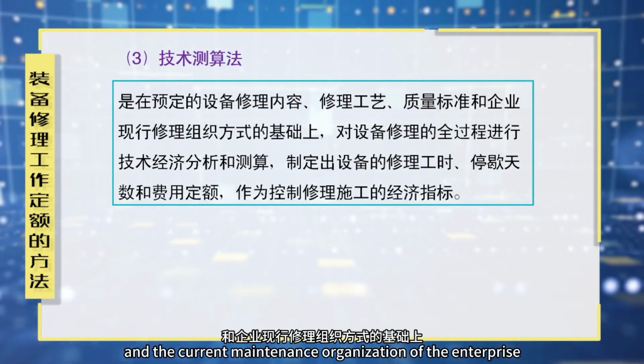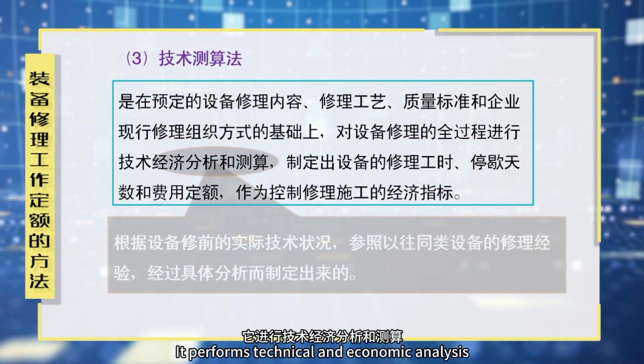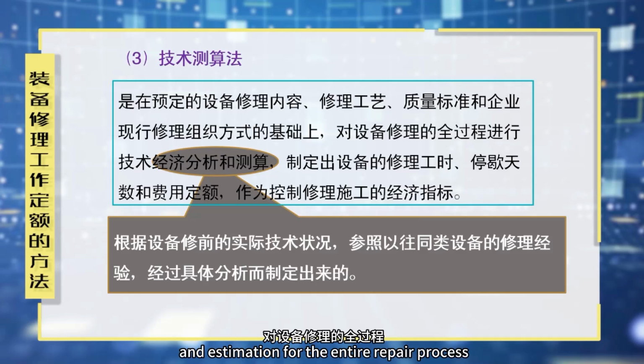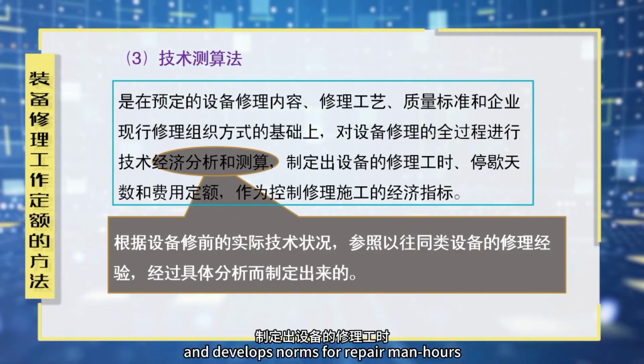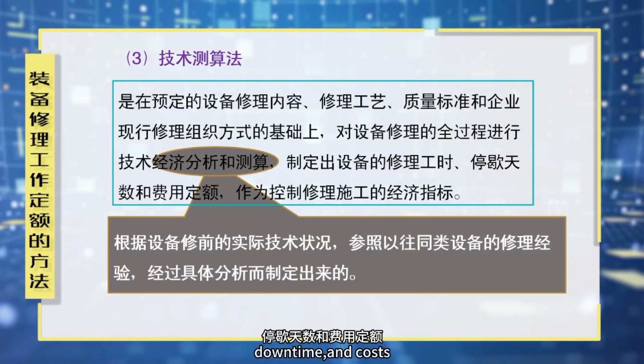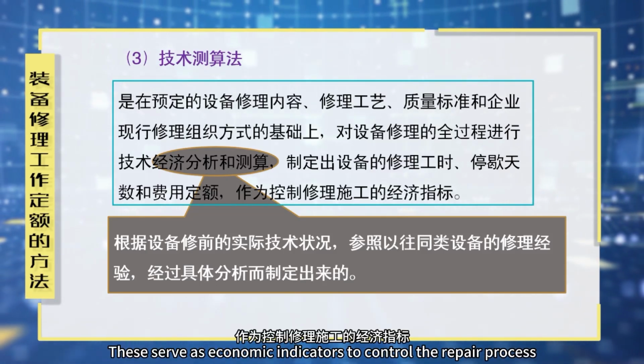current maintenance organization of the enterprise. It performs technical and economic analysis and estimation for the entire repair process, and develops norms for repair man-hours, downtime, and costs. These serve as economic indicators to control the repair process.